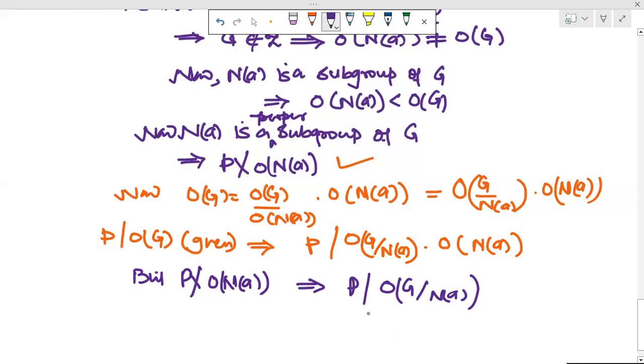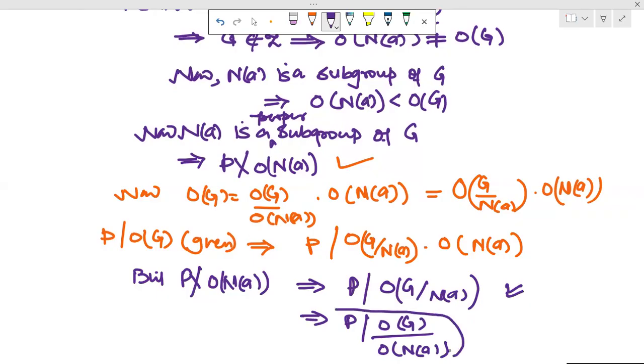So we are getting P divides order of G mod N(A). Now we are using this fact. This can be written in the form P divides order of G divided by order of N(A).